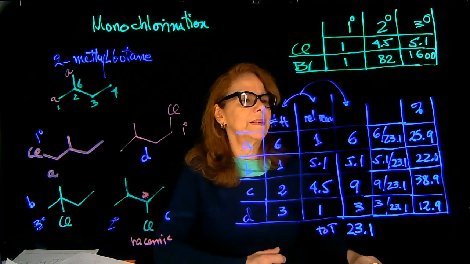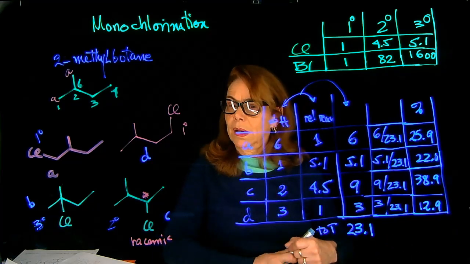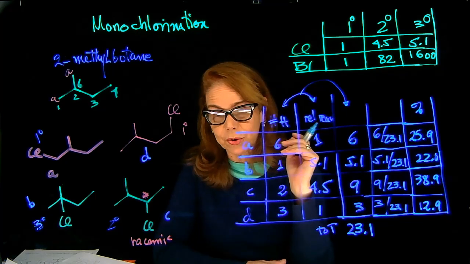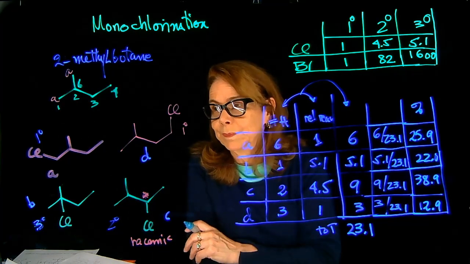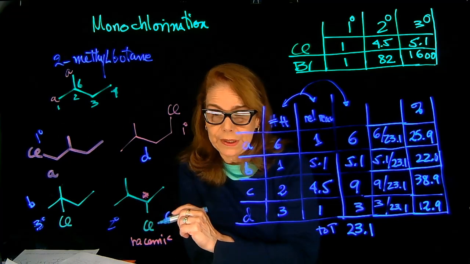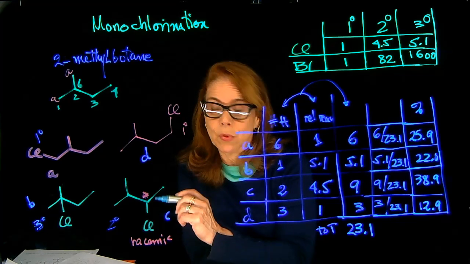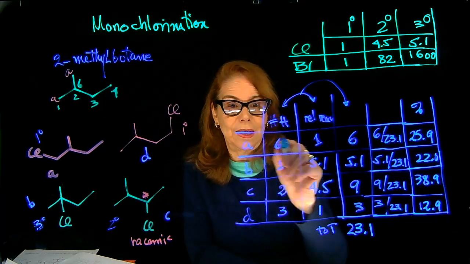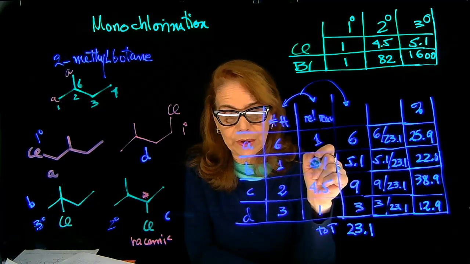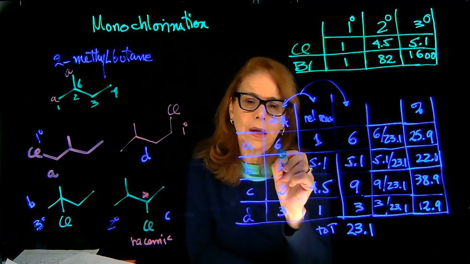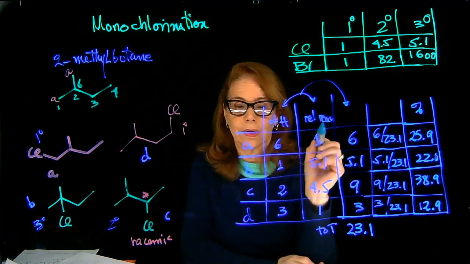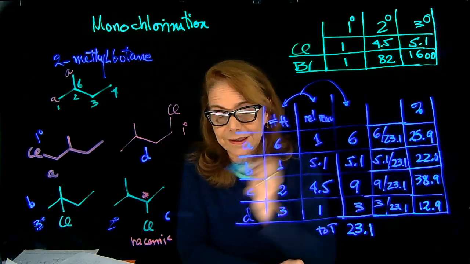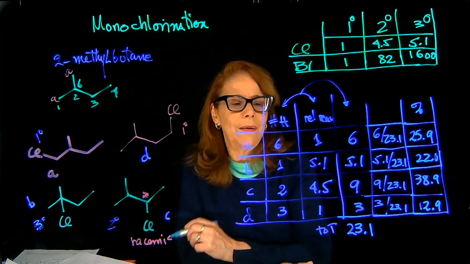But notice that if this was a statistical distribution, you would have much more product from primary hydrogens because you have many more. You have a total of 9 hydrogens there, but you have to take into account reactivity. Notice that the tertiary is only 1 hydrogen of all the hydrogens in the molecule, yet you get a significant amount of that product.